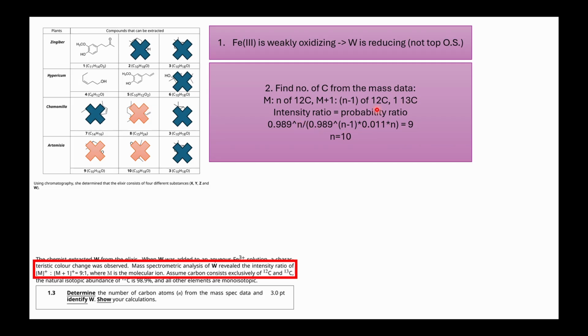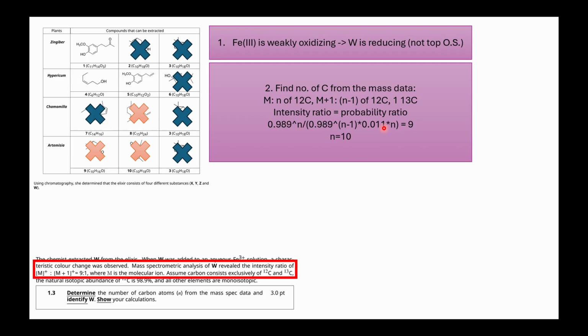Then for the combination of n minus 1 12C and 1 13C, the probability is 0.989 to the power of n minus 1, so 12C repeated n minus 1 times. You multiply it by the probability of the last carbon being 13C, which is 0.011.